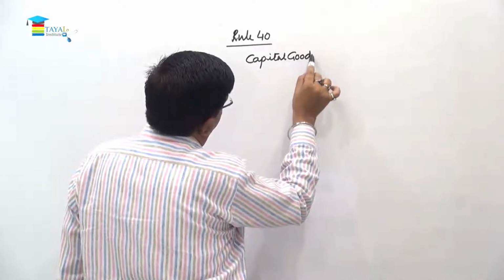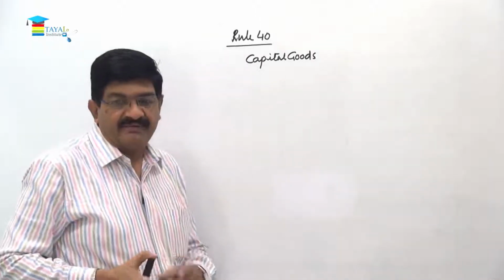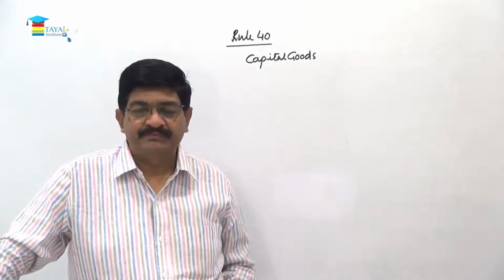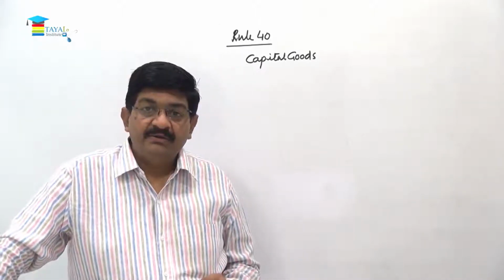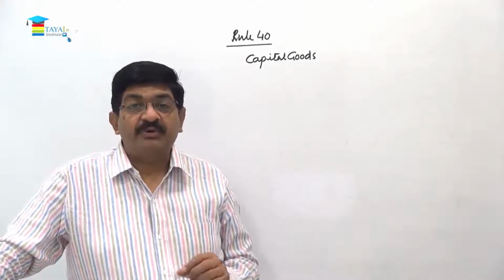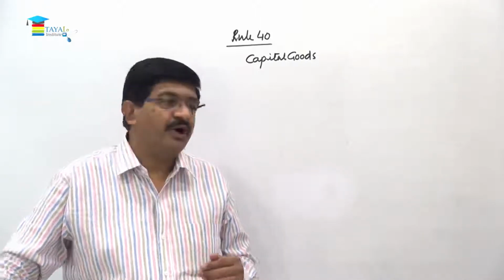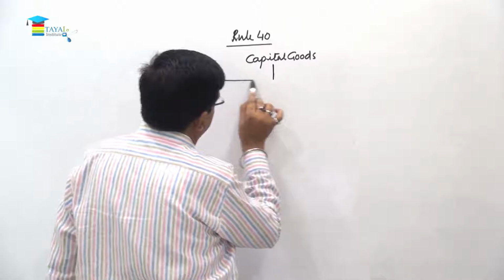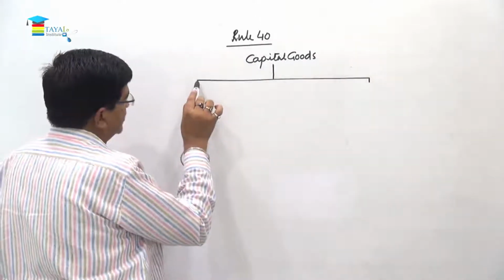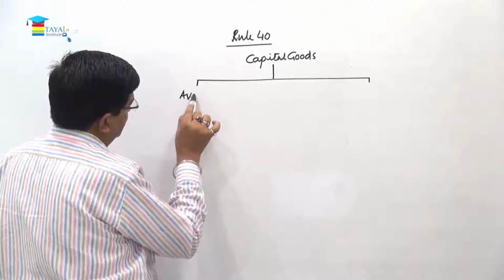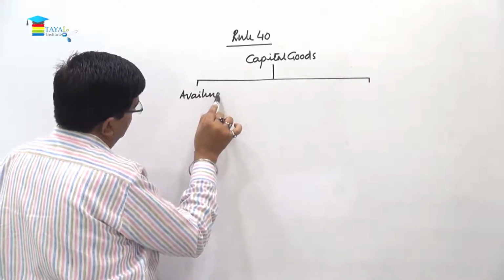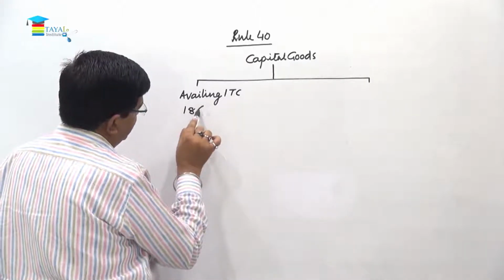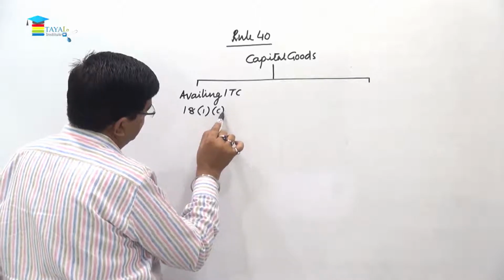For capital goods, credit is available under section 18 subsection 1 clause C and D. And in subsection 6, we are talking about reduction also, or rather removal of capital goods. So in capital goods, this is availing input tax credit. This is section 18 subsection 1 clause C and clause D.